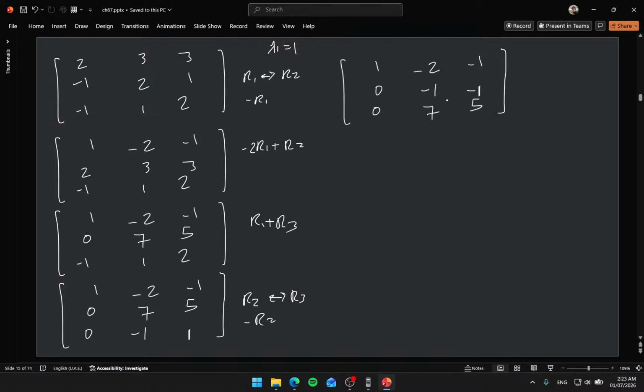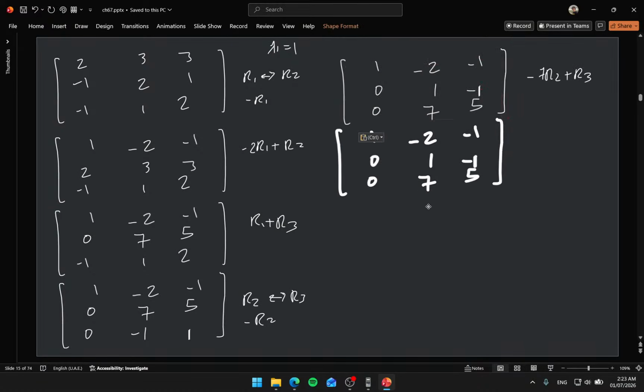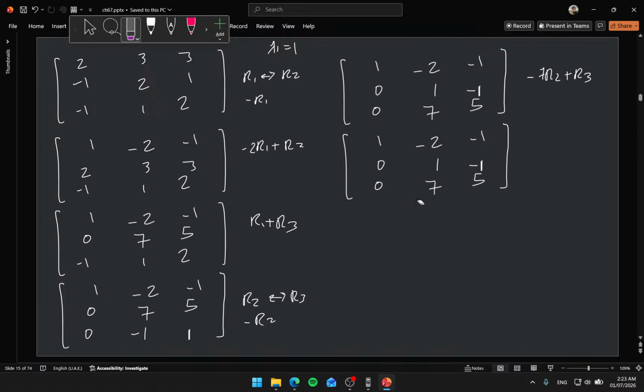So that's negative and positive here. Okay, negative 7 R2 plus R3. Negative 7 times negative 1 plus 5.